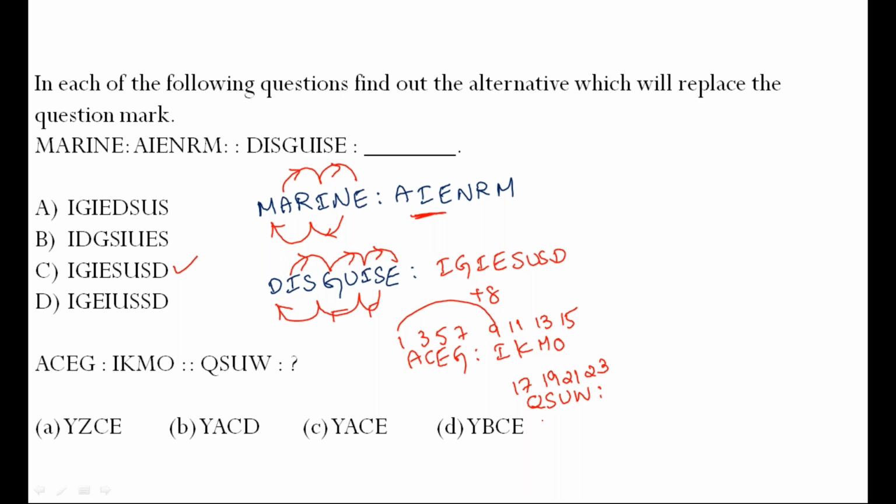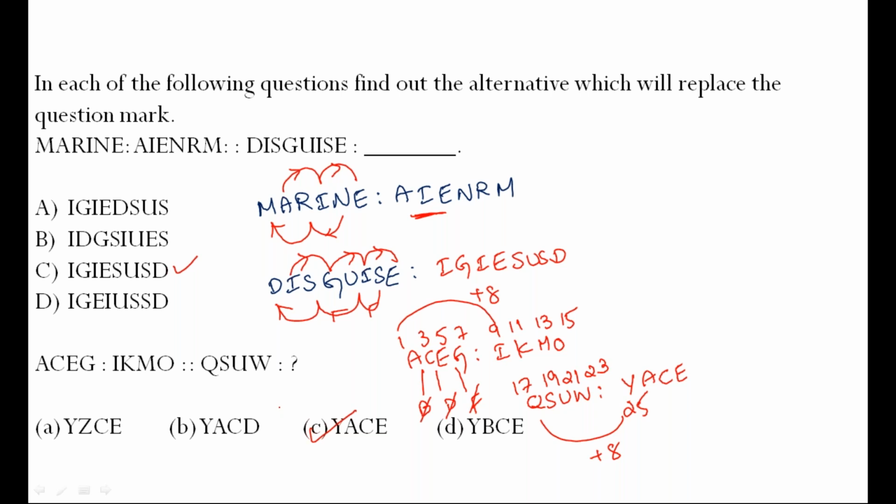You just do plus 8 for the first one. 17 plus 8 is 25. 25 means Y. Skip one letter Z. Next is A. Skip one letter C. Then it is E. So answer is YACE because A after B skip, C after D skip, E after F skip. You can just see that one letter they are skipping. So you can go with option C.